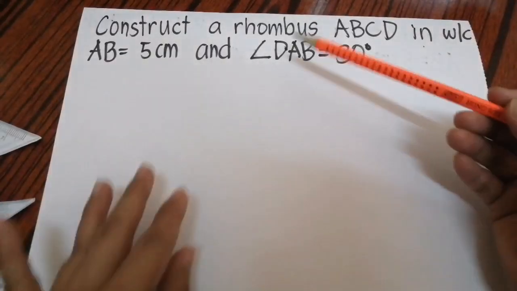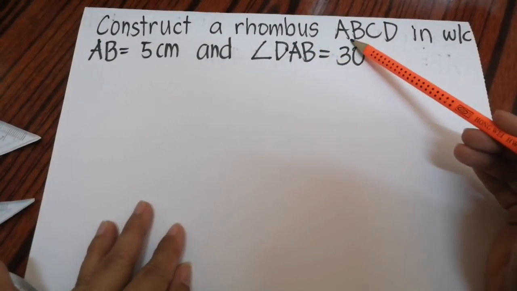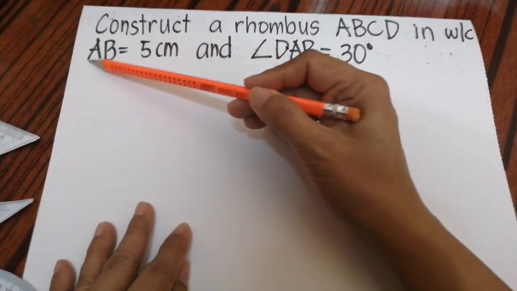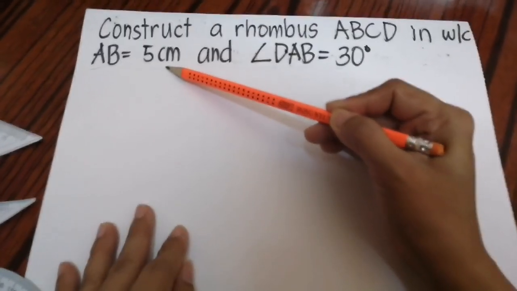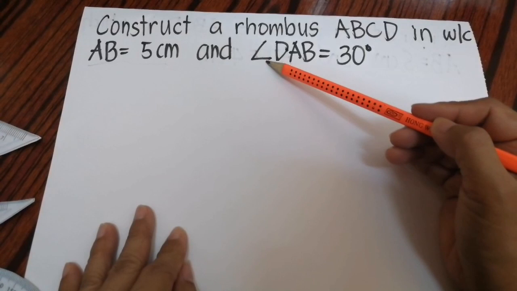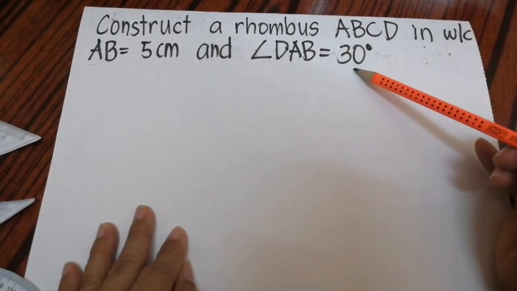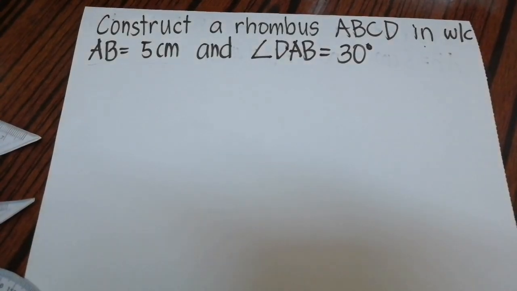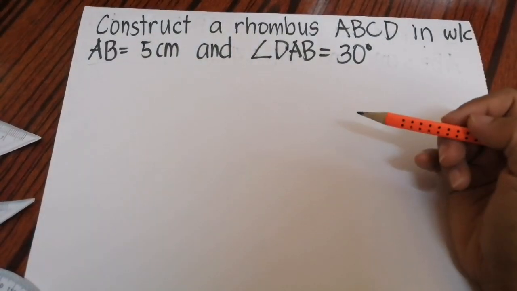This time we are going to create a rhombus, ABCD, with the following measurements: line AB of 5 centimeters, and angle DAB with a 30-degree angle. Step 1.